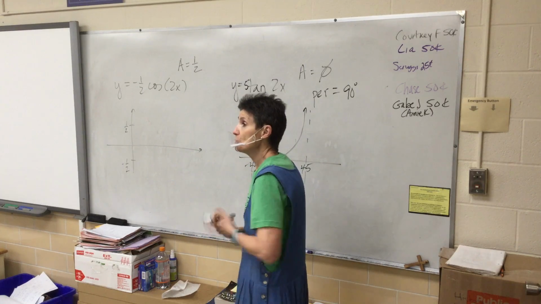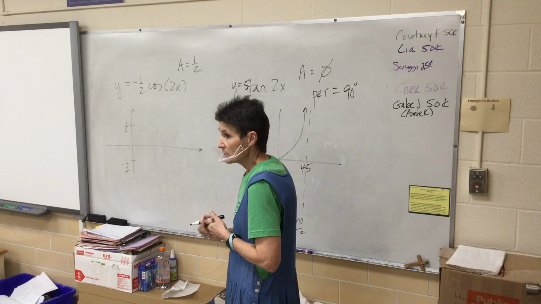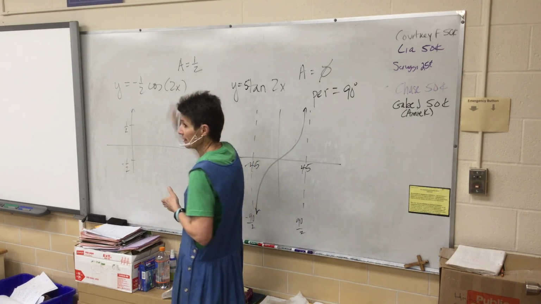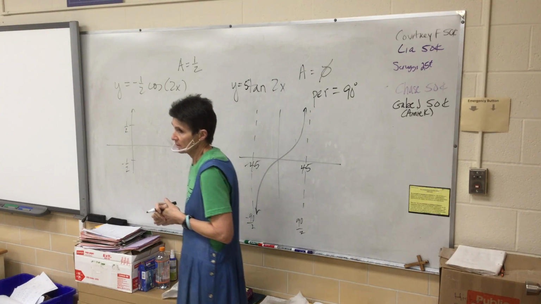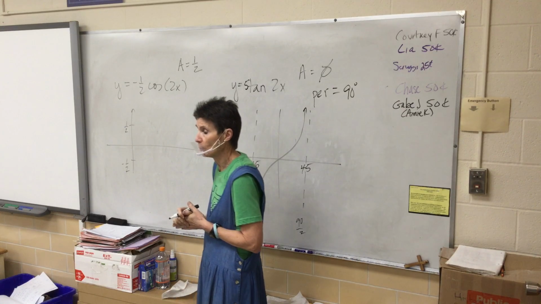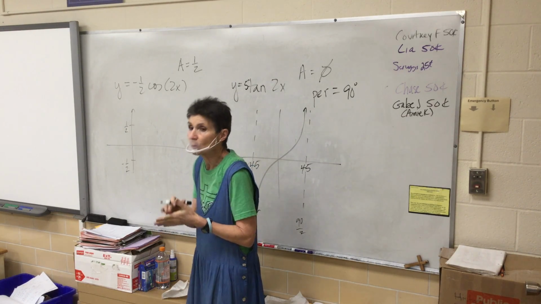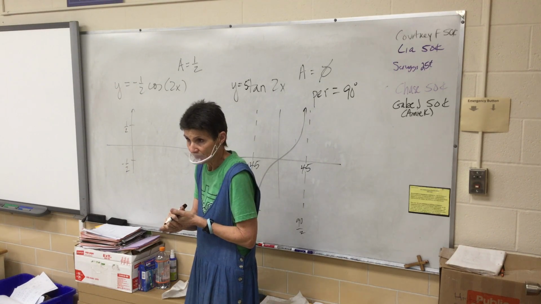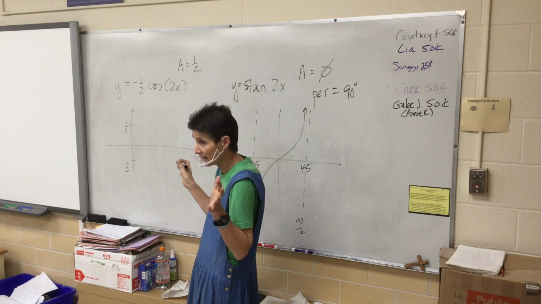Now, amplitude is positive, okay? So when you write down amplitude, you're going to make it positive, even though the number's negative, because amplitude is how high the hills are going to go, and they're still going to go up 1/2. Now, the shape is going to be upside down of the normal cosine. Does everybody see that? Because of the negative.